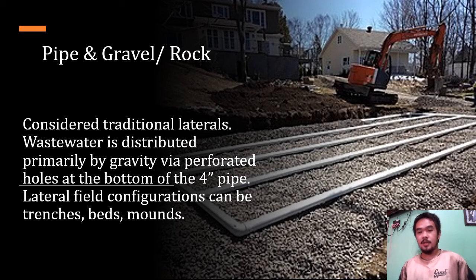Before the water seeps into the ground, it needs to pass through these beds of gravel and rock to get rid of unwanted contaminants and to be filtered and good for seeping into the soil.